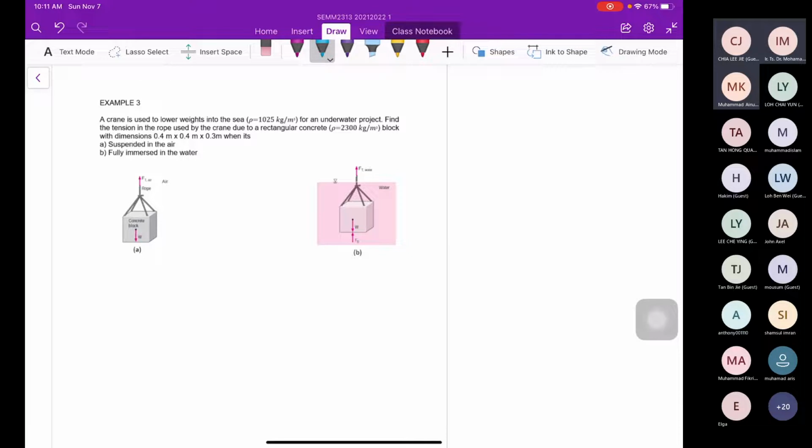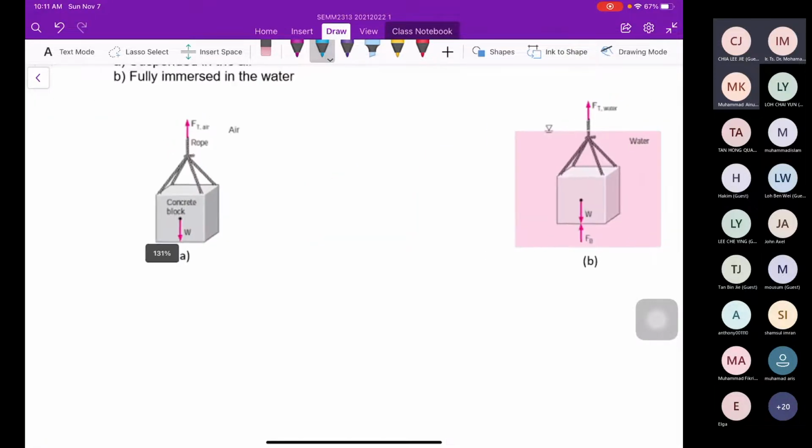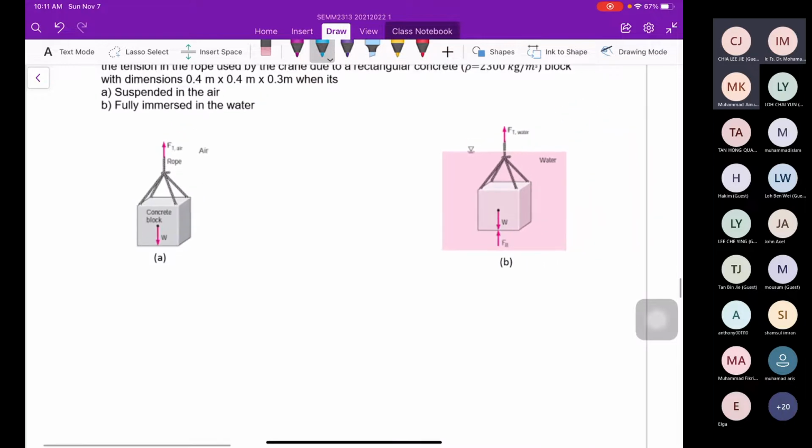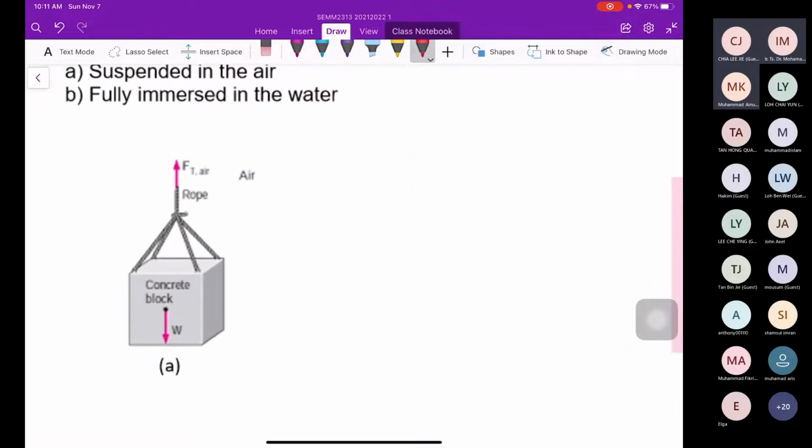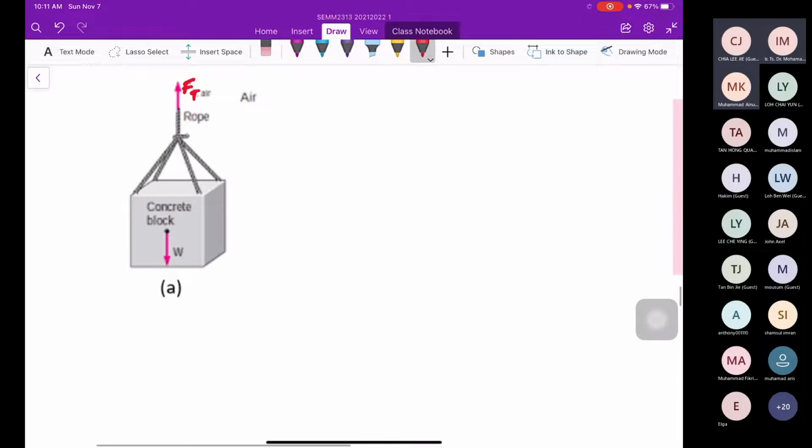First, we must understand the situation. The first situation is that it is suspended in the air. That means there is no buoyancy force acting on the concrete block, only the weight and the tension. Let's label this FT and this FW.